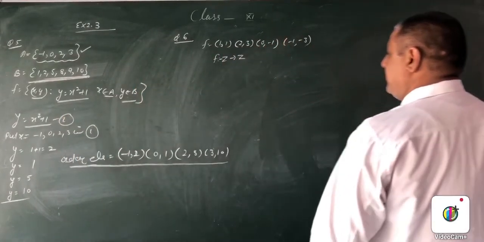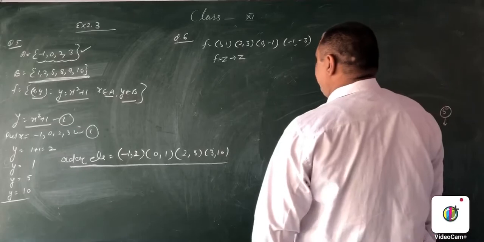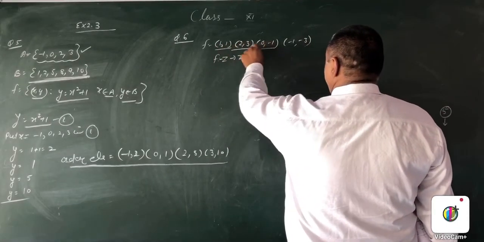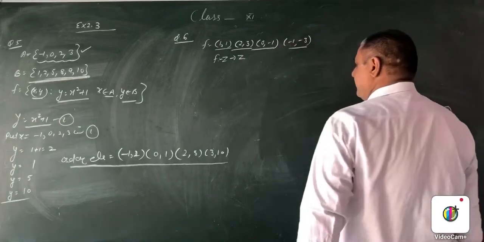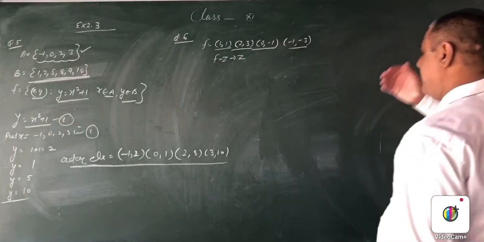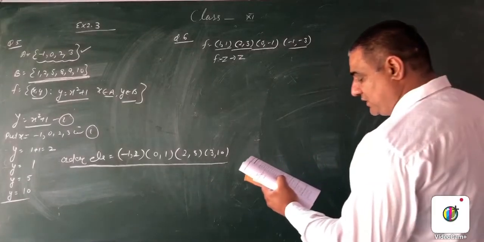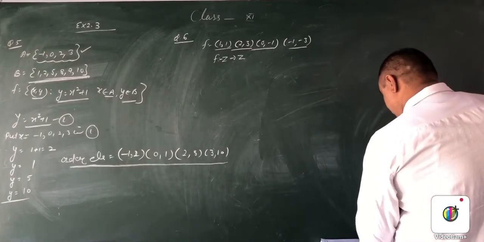In question number 6, it says that f is equal to {(1, 1), (2, 3), (0, -1), (-1, -3)} is a function from integers to integers. It means Z to Z. We have to find a linear function.